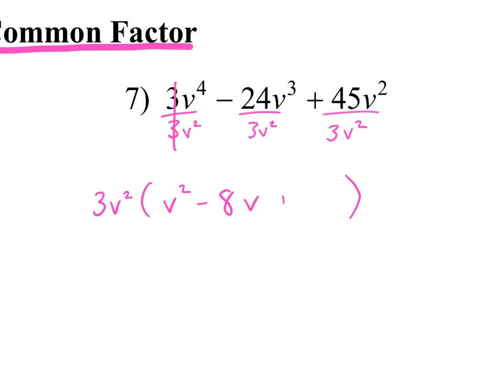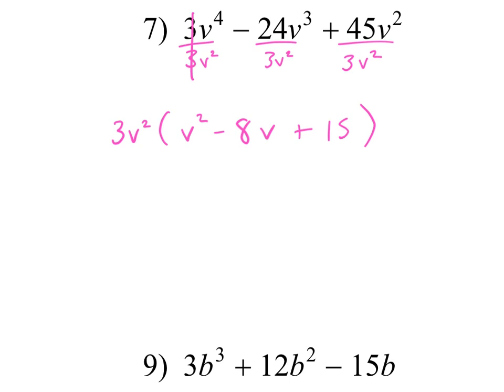And then 45 divided by 3? 15. Alright, so now we just have to factor a little bit more. What are two factors of 15 that add to negative 8? Negative 3 and negative 5. Perfect. So in our parentheses, we're going to put v minus 3 and v minus 5.